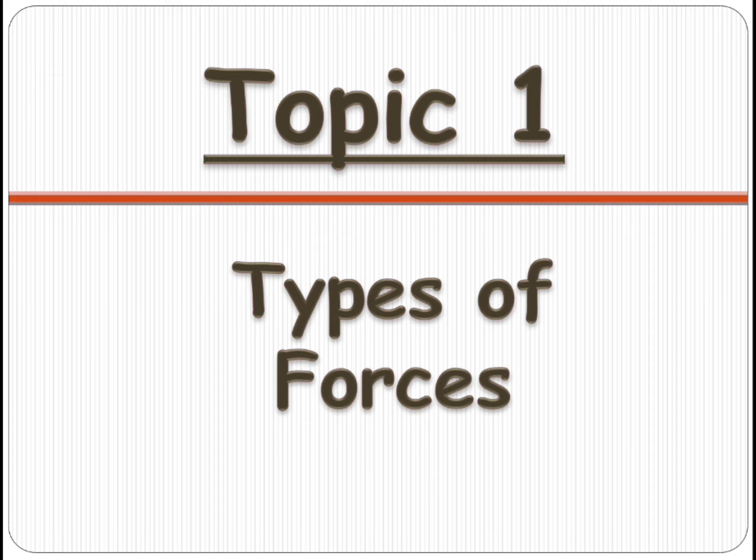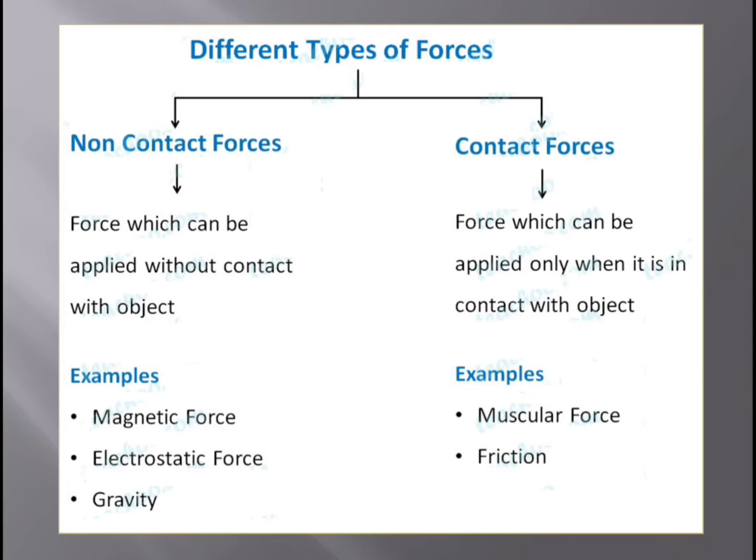Now, in this block, we are going to learn the different types of force. Forces are mainly divided into two types, children: contact force and non-contact force. First, non-contact force is the force which acts when the objects are far from each other, not in contact, not touching each other.